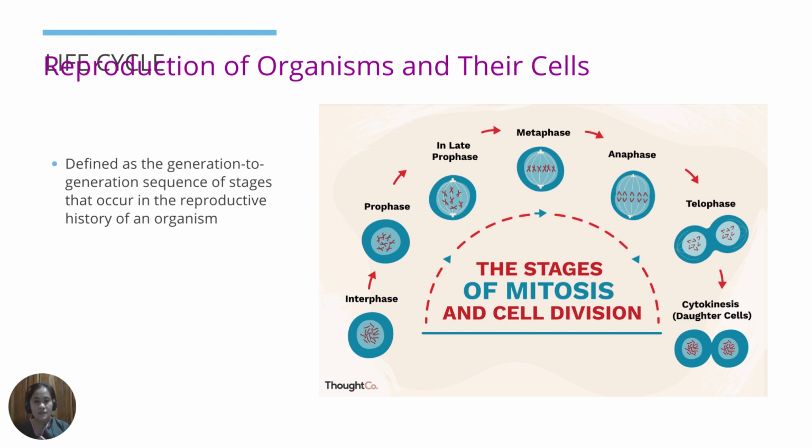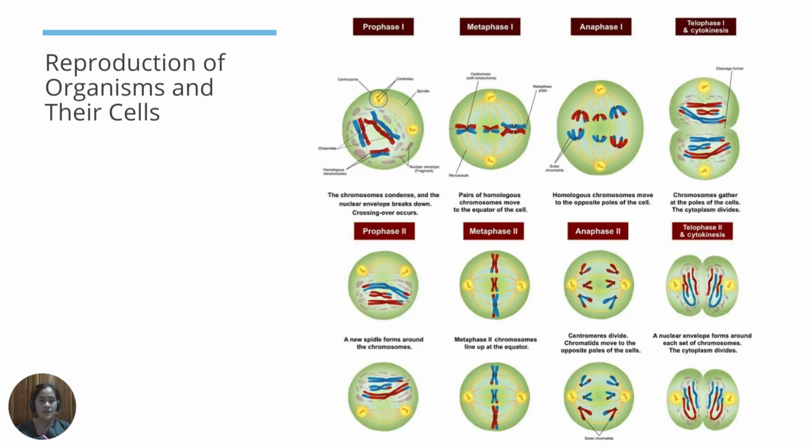Pagdating ng anaphase, nagiging letter V na siya, nahati na yung X. Pagdating ng telophase, mahahati na naman yung V into a single cell that is what you call the daughter cells, the cytokinesis. So, ito yung nangyayari dyan.